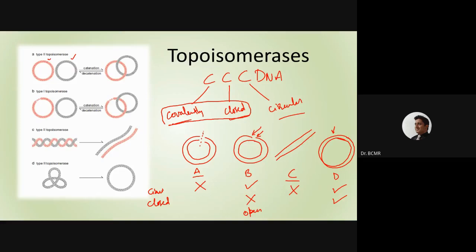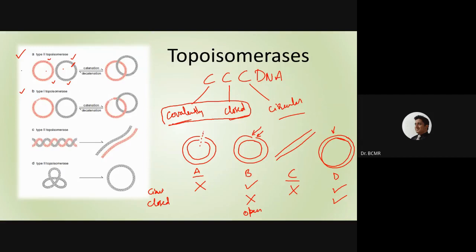Okay, what can topoisomerases do to 2 molecules like this? Because topoisomerase 2 can make a double strand break, it can catenate, that is, link these two molecules together. And topoisomerases can also decatenate them, make them into two independent circular molecules.